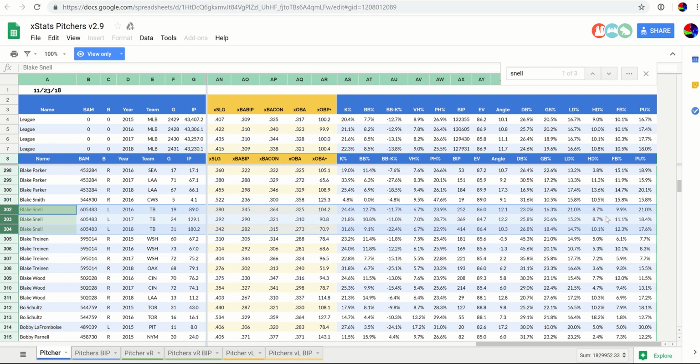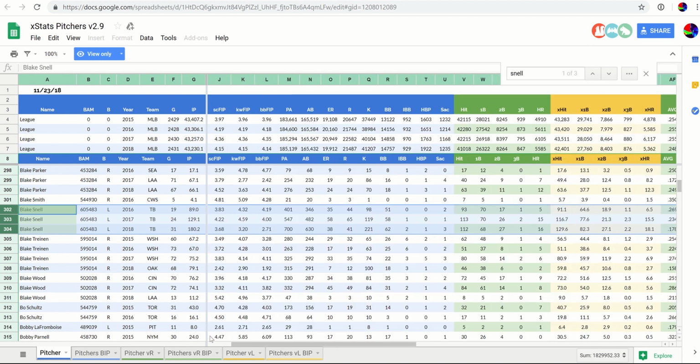But that just gives you a sense of what you can look at and how you can use xStats as one data point within all of the data points that you're looking at to determine whether or not you believe the production of a player and whether you think they may regress back to their previous numbers versus maintaining a new, better, or in some cases worse performance.